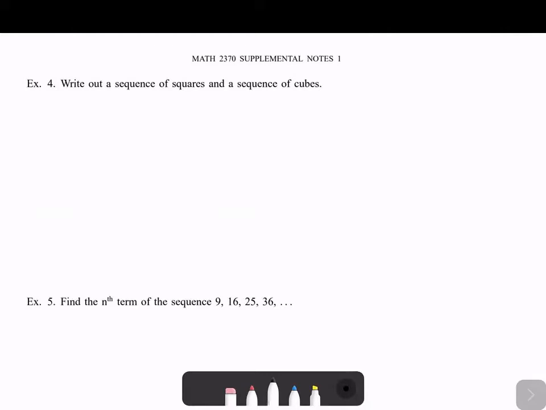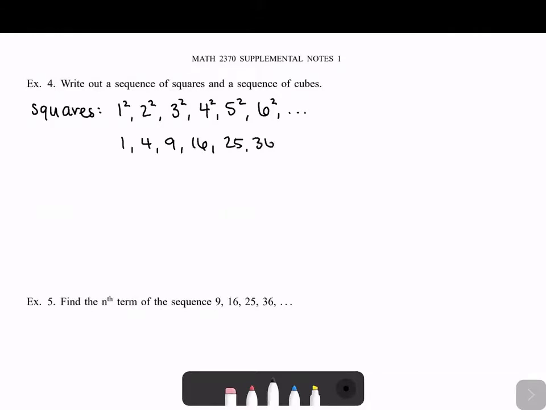So the most basic sequence of squares is 1 squared, 2 squared, 3 squared, 4 squared, 5 squared, 6 squared, and so on, which correspond to the numbers 1, 4, 9, 16, 25, 36, and so on. So that's the most basic sequence of squares. It's 1 squared, 2 squared, 3 squared, and so on.